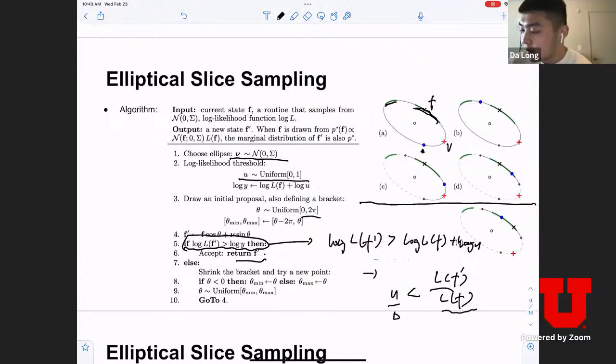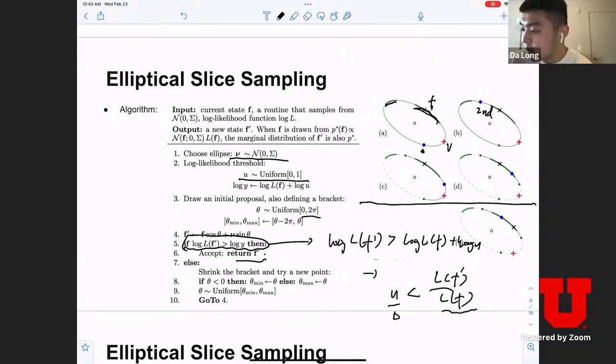Then, in the second step, you do another uniform sampling from 0 to 2 pi. Let's assume you get the second choice here. It's also not on the green line. So from the second step, you start doing the shrinkage.